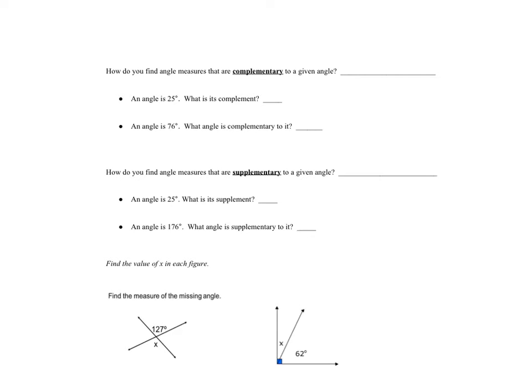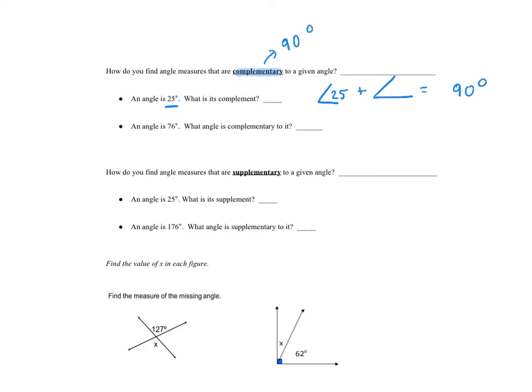My next one says, how do I find angle measures that are complementary? Remember, a complement is the right thing to do. So these add up to 90 degrees. So if I have one angle that's 25 degrees, how can I figure out what the complementary angle would equal?